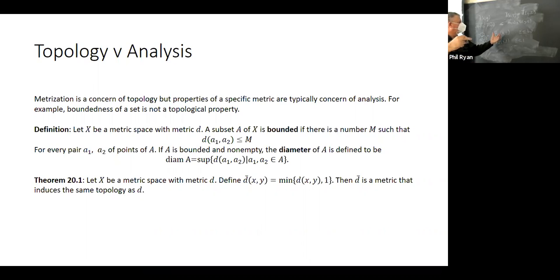Because any ball which is bigger than 1, you can write as a union of smaller balls. A ball of radius gamma, where gamma is greater than 1, is going to be the union of the balls centered at y, where y is in that set, call it C, with radius epsilon, where epsilon is less than 1.